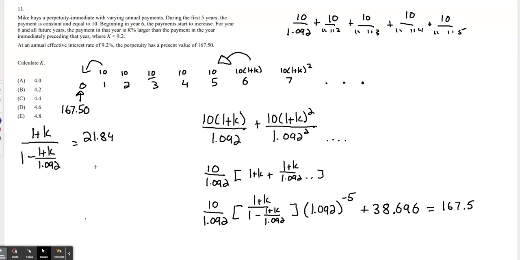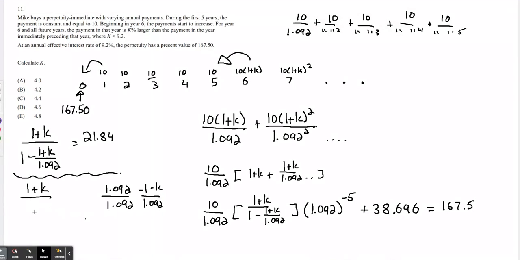And now we just have a slightly complicated linear equation. What I would do next is get a common denominator: 1 plus k over, so I have 1.092 over 1.092 minus (1 plus k) over 1.092.